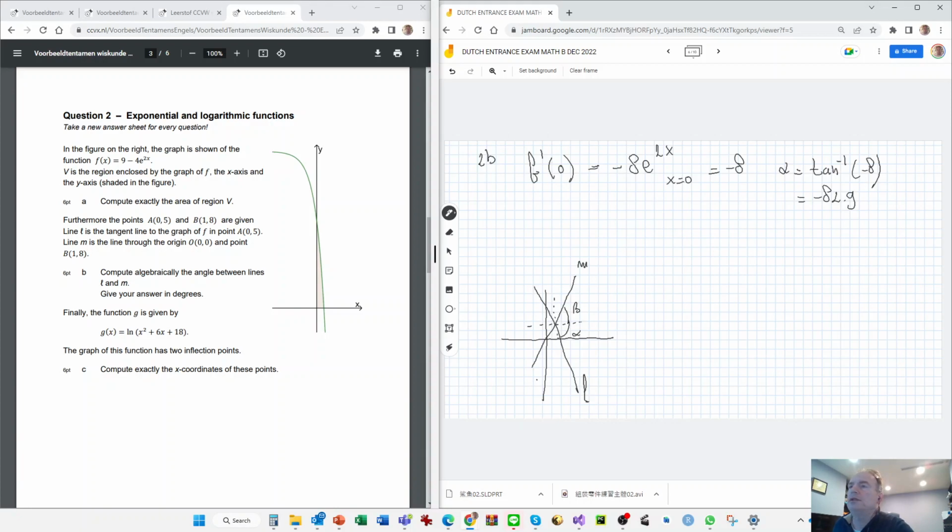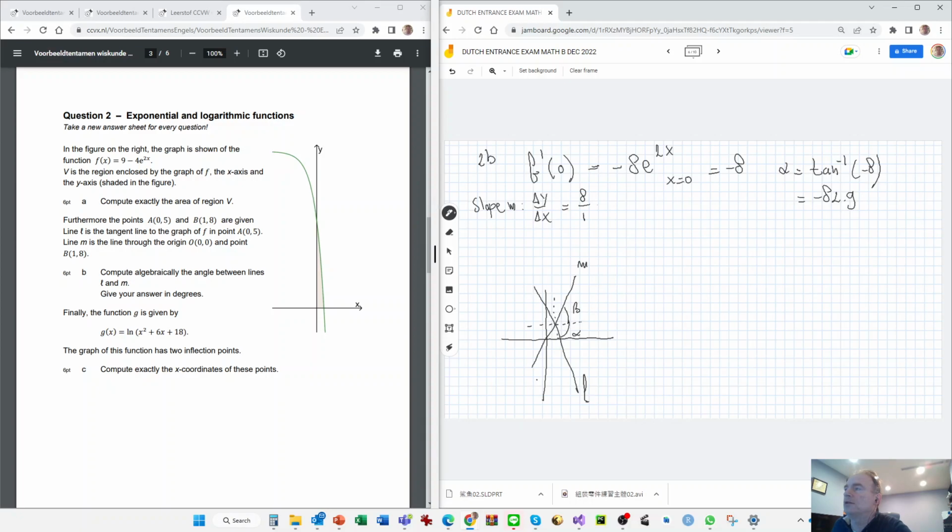Then what is the slope of that other line? Well, it actually should be 8, but let me write it out. The delta y divided by delta x. So slope m. Delta y divided by delta x, and the delta y is 8.